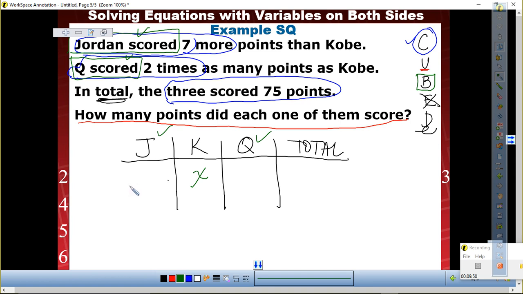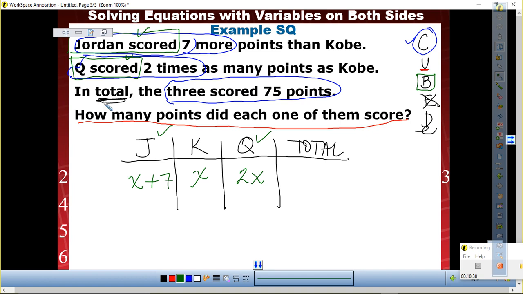I heard 7 plus X. I like to write it with a variable first, so let's write X plus 7. With that said, Q scored 2 times as many points as Kobe. Tell your neighbor what you're going to write under Q. Everyone? 2X. All right.